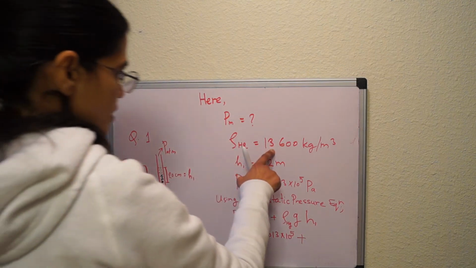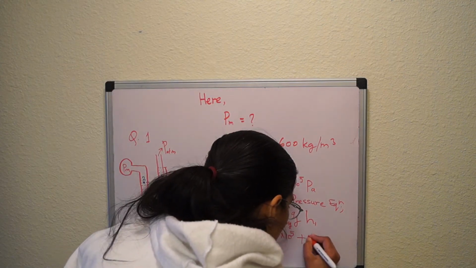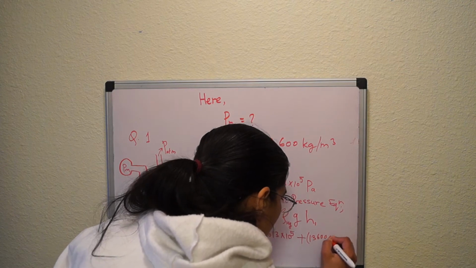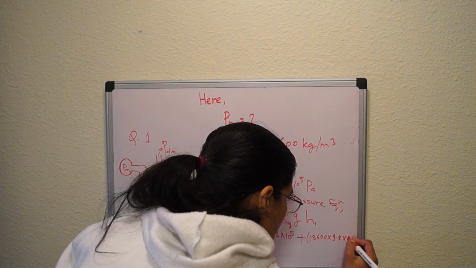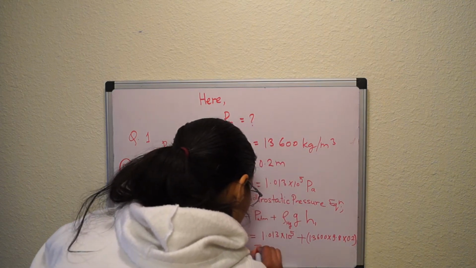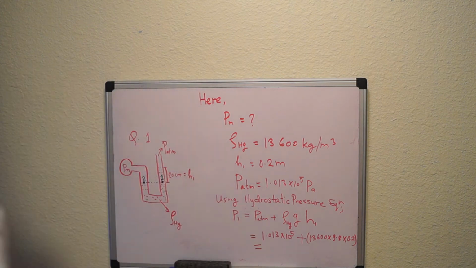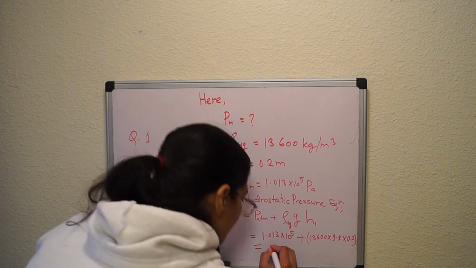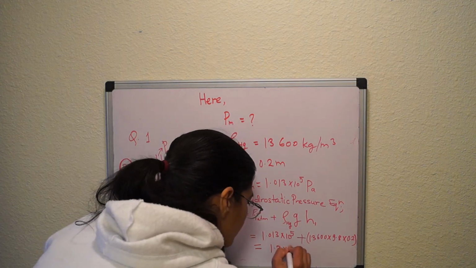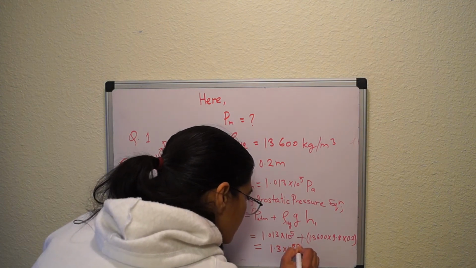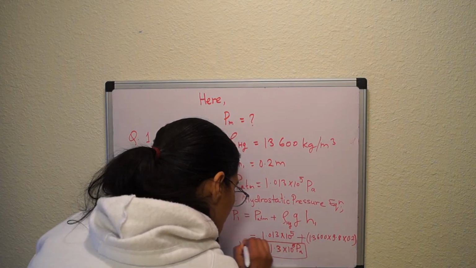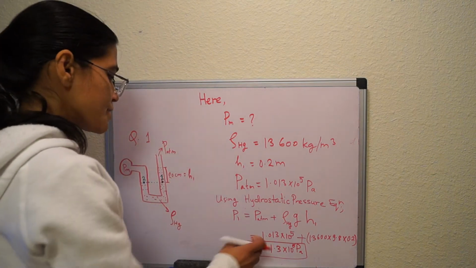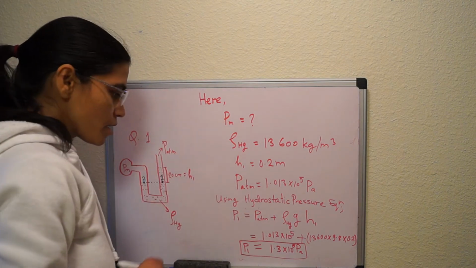We are given 13,600, so 13,600 times 9.8 for the value of g times the height, which is 0.2. When you put that in your calculator, you get 1.3 times 10 to the power 5 Pascal. So this is P1. Let's put a box around it, because this is not our final answer, but it is something we need to look at again.